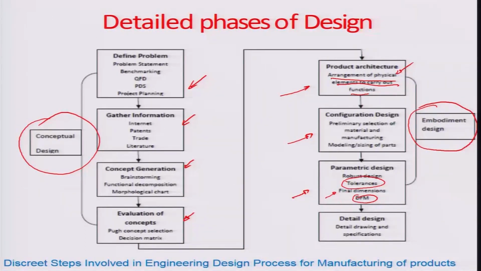So, all this comes into the real hardware part. The conceptual design part is about determining the essence of the underlying need or problem, and how to address that need, and the embodiment part is about what are the logistics involved in addressing that need.